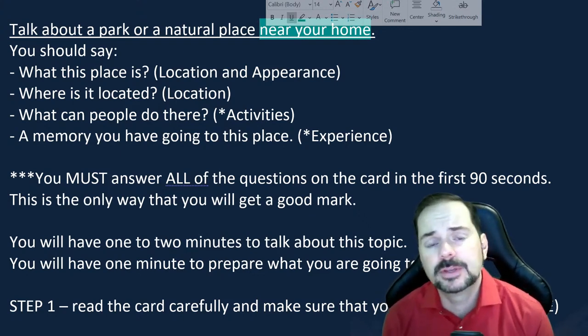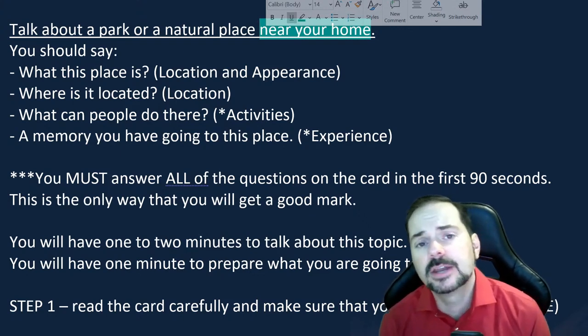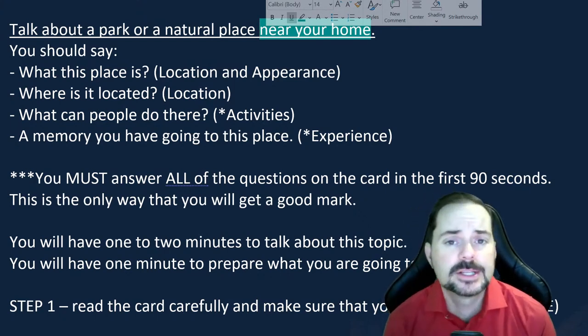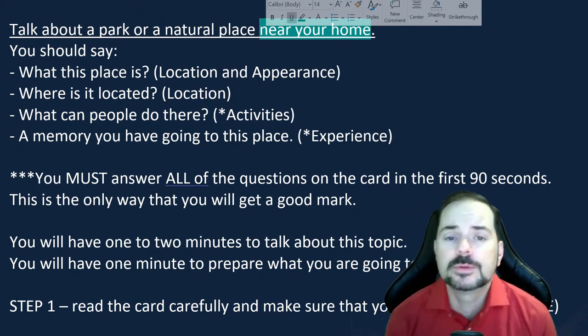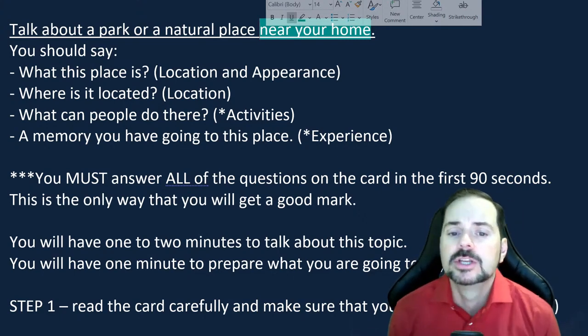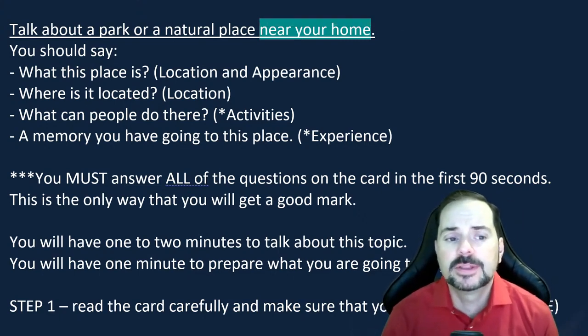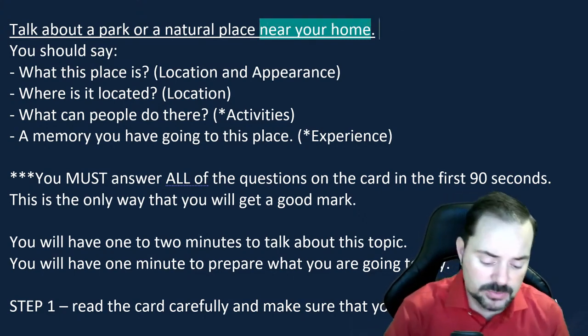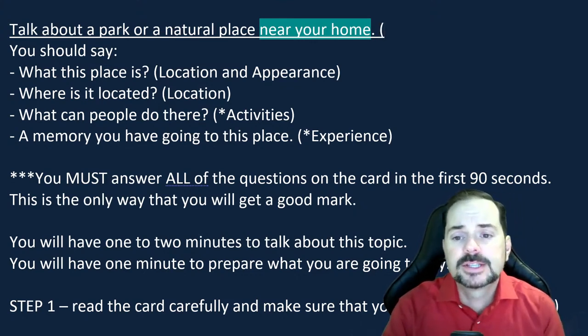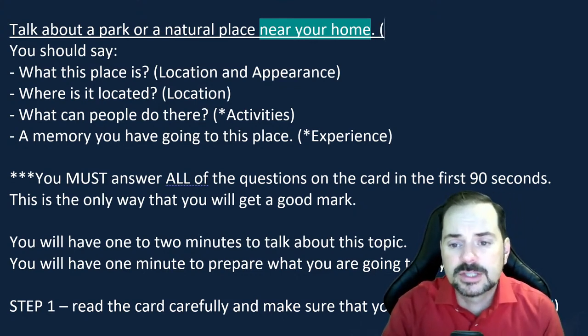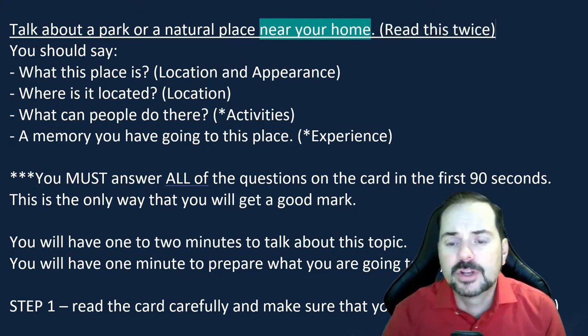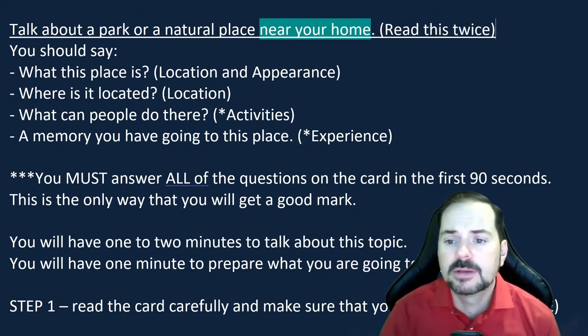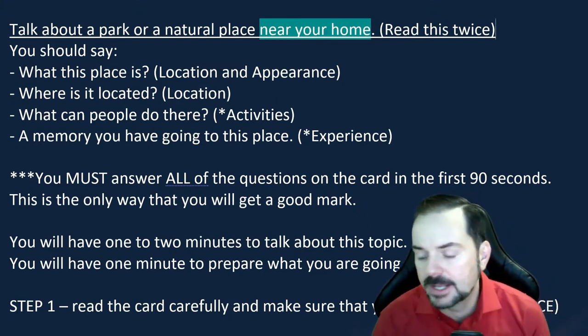So if you talk about the Himalayan mountains, you're going to get a low band score because it's not near your home and you're not paying attention to the question. So you have to be very, very careful, and that's why it's a really good idea, especially to read this topic statement or question twice, okay? It's very common to make a mistake there, all right? Hi, Ghazi.